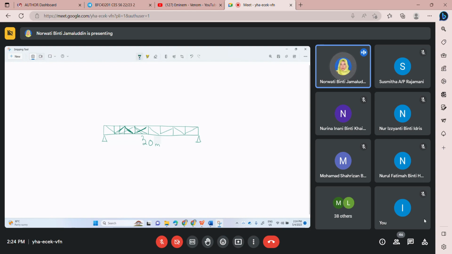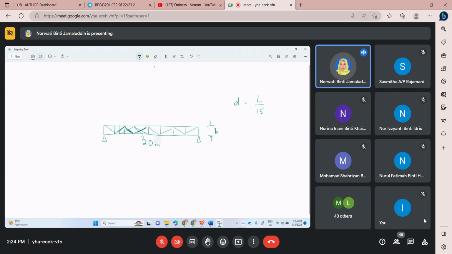In order to get the suitable height here, you can use this simple formula: the depth is equal to L over 15, just to create the preliminary truss size.